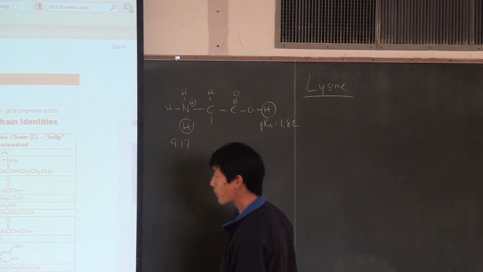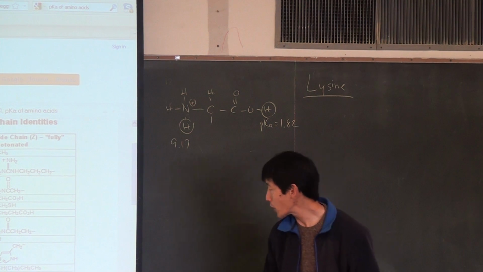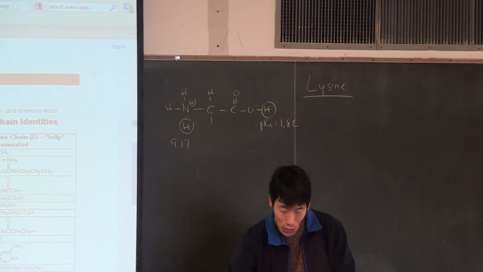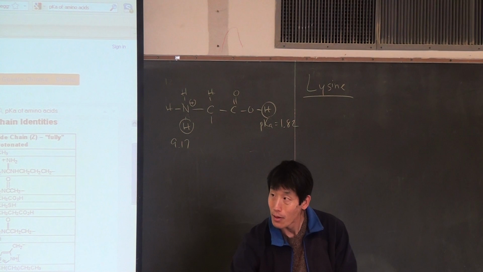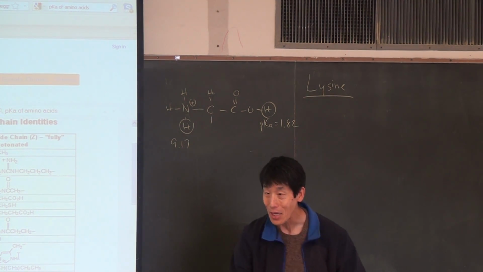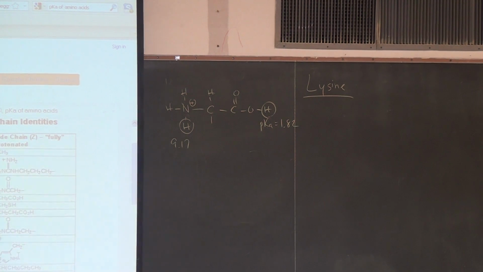Then for the side chain, they're showing the side chain for histidine. It looks like this thing here. In your textbook it also shows it. Okay, so let's write this down.